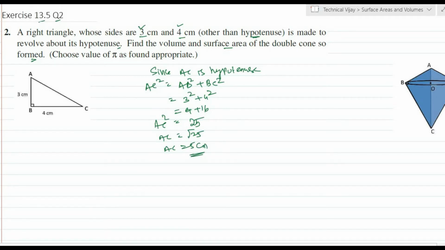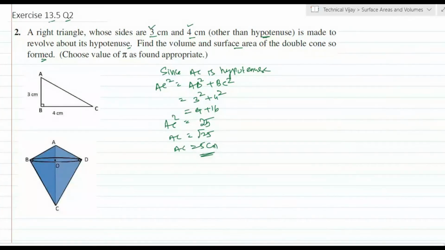Next what we have to do? We have to consider this one like this. This is the diagram. This A and C are fixed here. C is pivoted like this, and this point is A, and this angle B is equal to 90 degree. Keeping C at point C and keeping A, you rotate this point B like this.